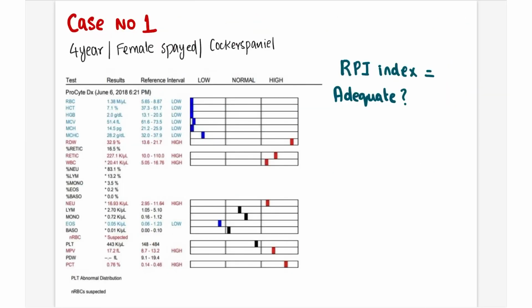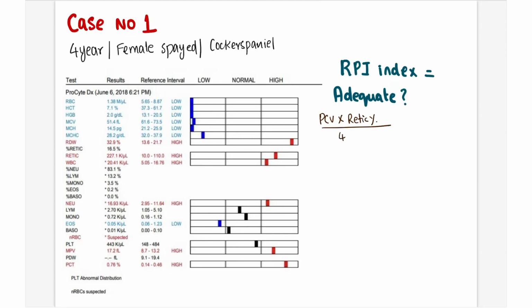So we have a case here. This CBC is obtained from a 4-year-old female spayed Cocker Spaniel. We need to calculate the RPI index and grade the anemia. The formula is PCV multiplied by retic percentage divided by the average PCV.